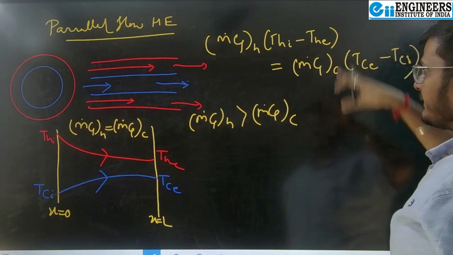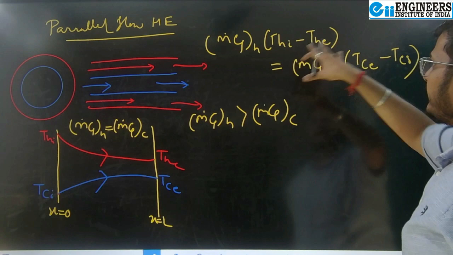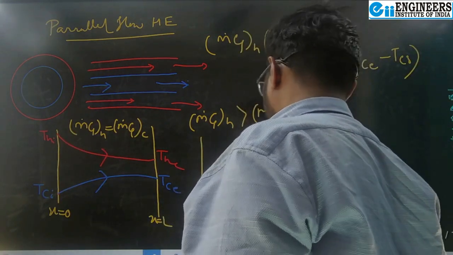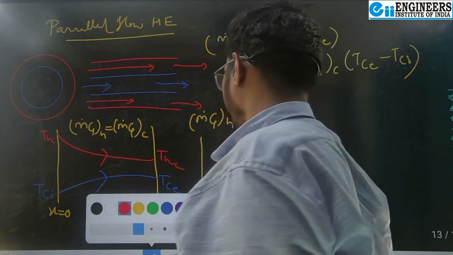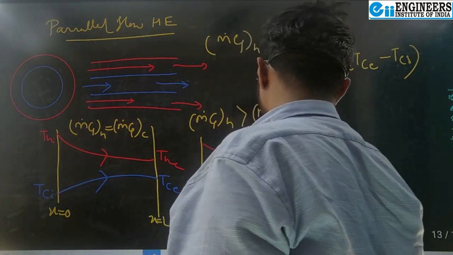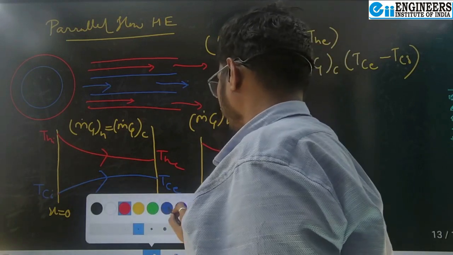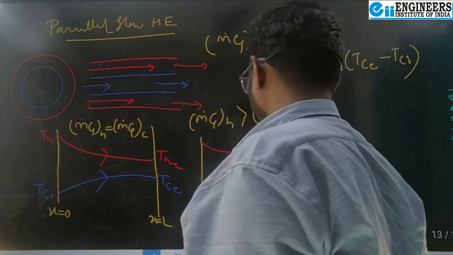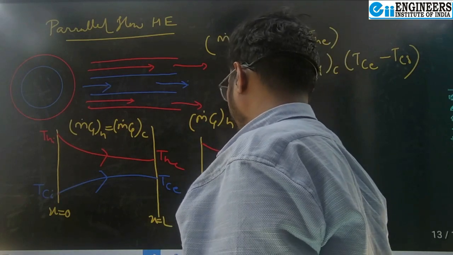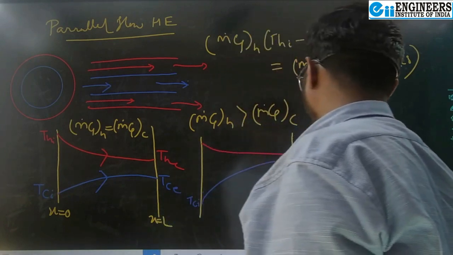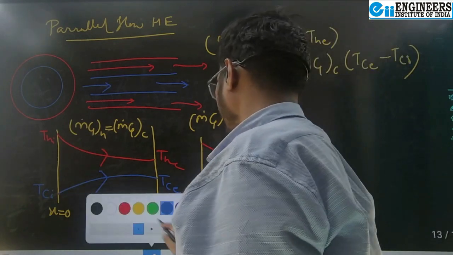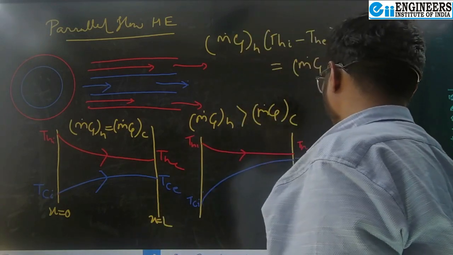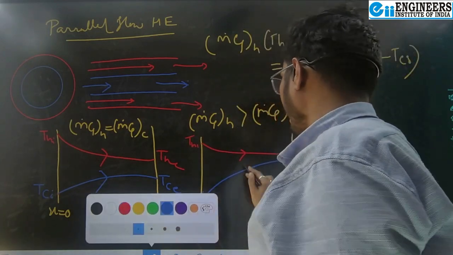So in this case, how will THI minus THE come? Here it is TCI, TCE, but here THI, THE. So what will happen?